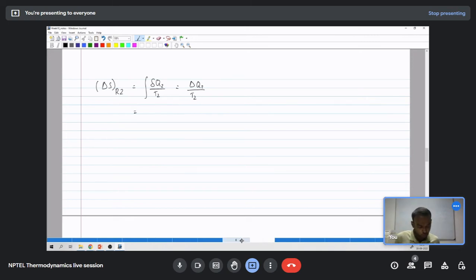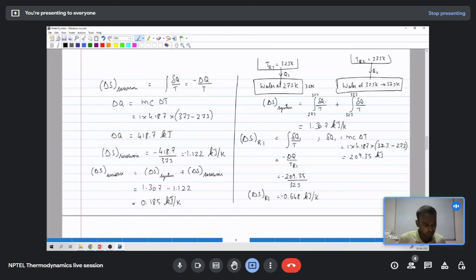Here the Q1 and Q2 are the same because instead of transferring 100 degrees directly, we are doing it in steps of 50. So the heat transfer to raise the temperature of the water from 273 Kelvin to 323 Kelvin, which is a 50 Kelvin difference, is the same as for 323 Kelvin to 373 Kelvin, which is also 50 Kelvin.